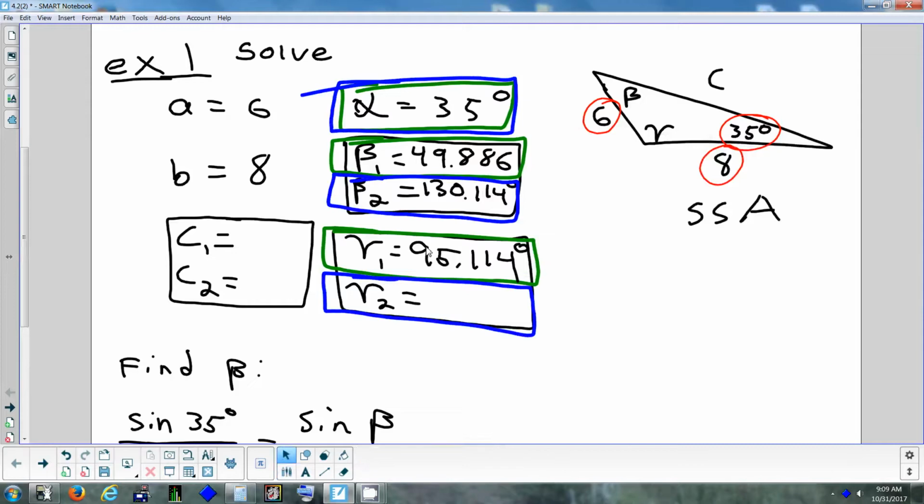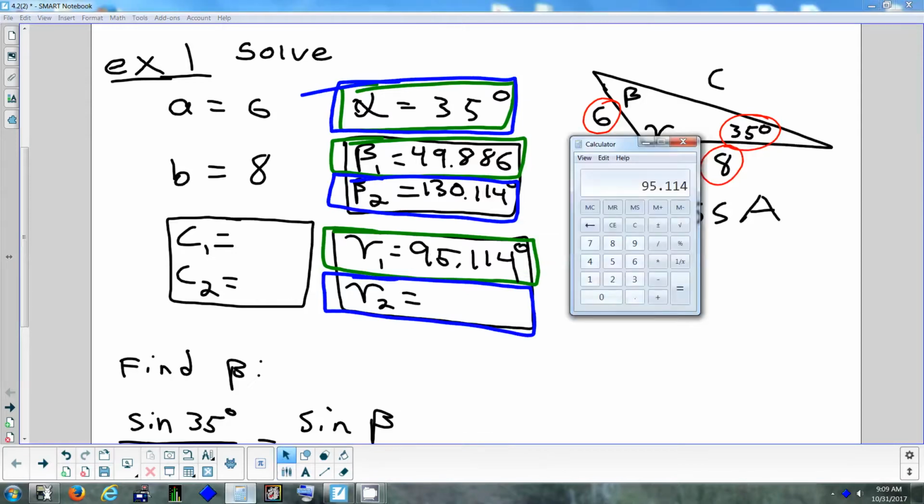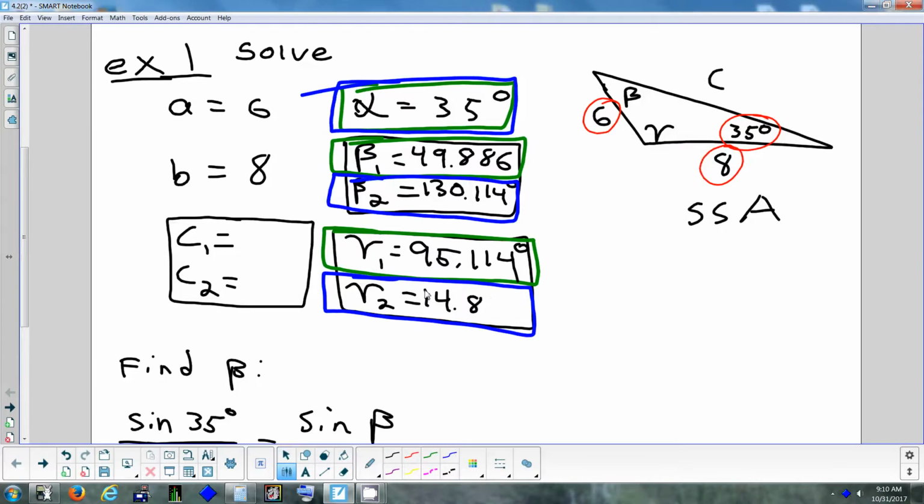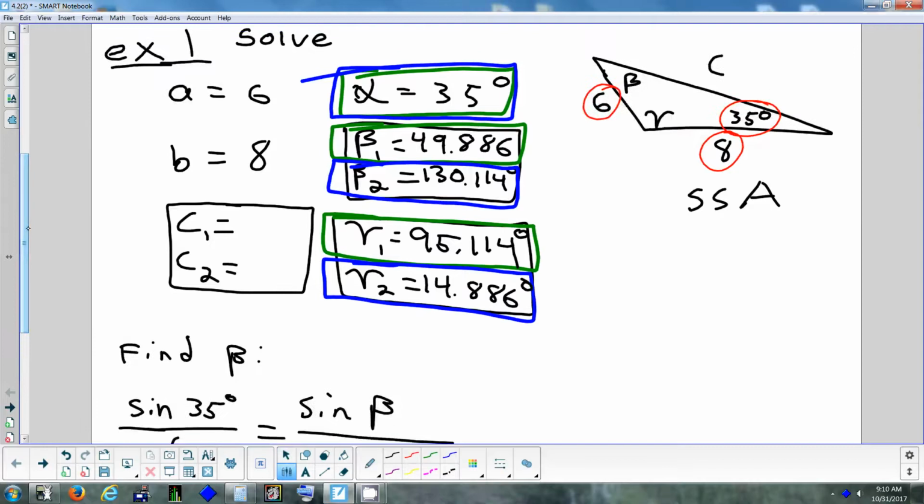All right, so let's add those up and then subtract from 180. So alpha and beta 2 is 165.114. So 165 and subtract from 180. And gamma 2 is 14.886. Any question on how we found gamma 1 or gamma 2?